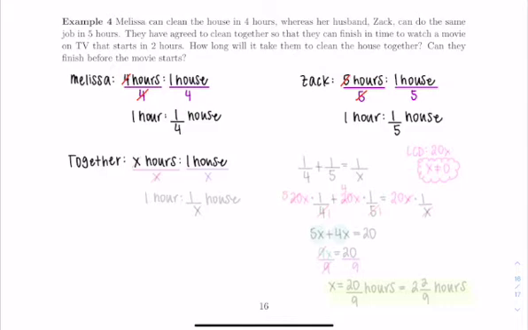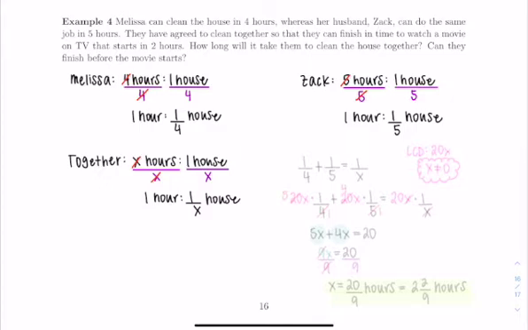But we want to know how much they're going to get done in an hour so we can compare it to what we found above. So to get X hours to 1, we're going to divide both sides by X. And so in 1 hour, they get 1 out of X parts of the house clean.